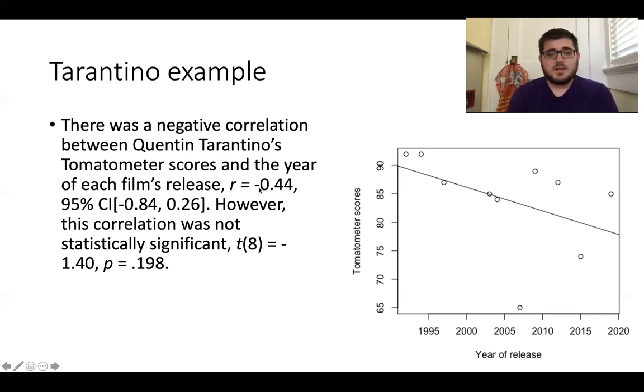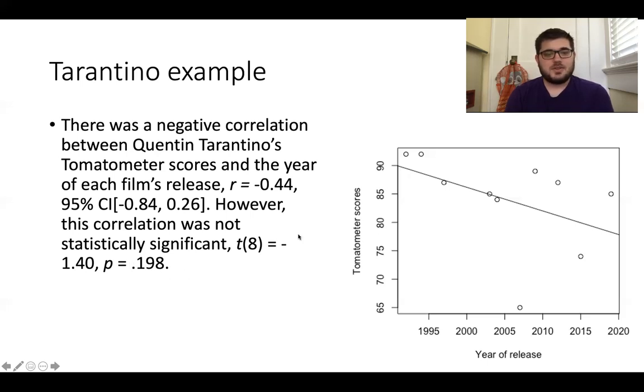I observed a negative 0.44 correlation between tomato meter scores and release date, but the confidence interval is very wide. It has a negative number and a positive number. That means it's automatically not going to be statistically significant. And the t-value with 8 degrees of freedom is 1.4. There's about a 20% chance of seeing a t-value that extreme or more extreme when you assume the null hypothesis is true.